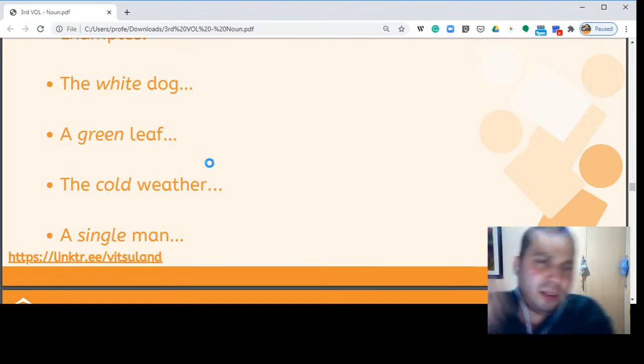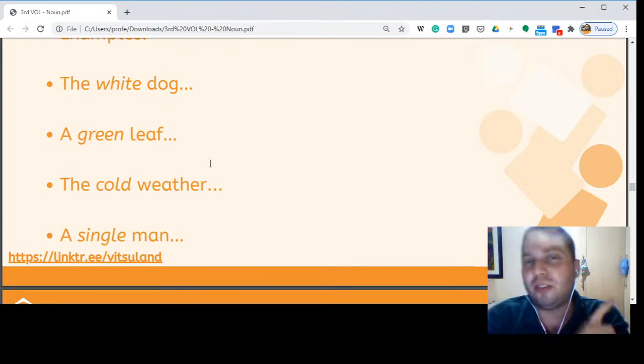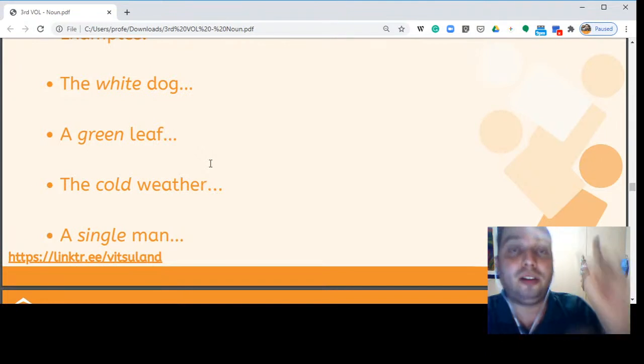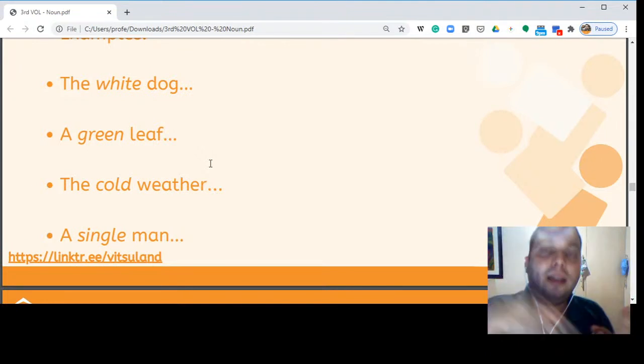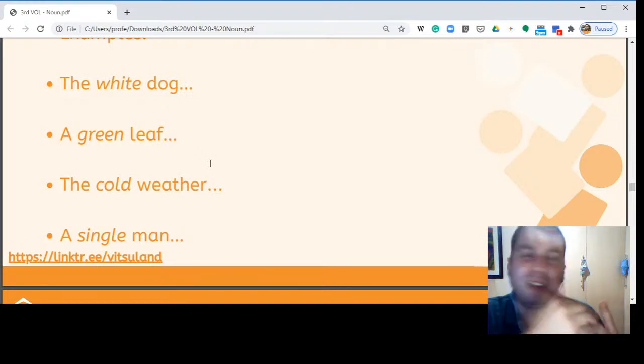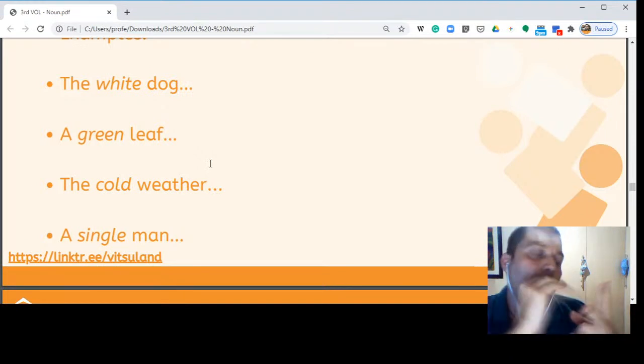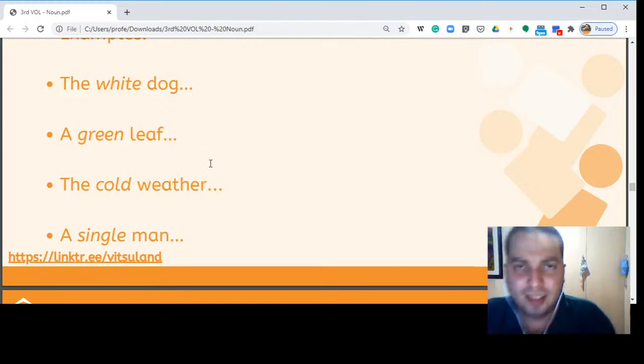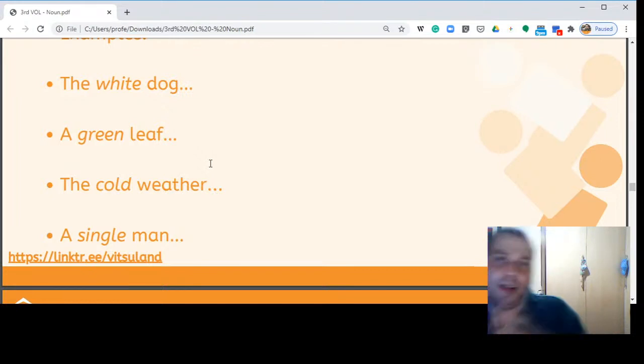Just notice that in this case we have white, green, cold, single. These words are adjectives. Remember that last time we talked about adjectives. And why did I start talking about adjectives and then nouns? Why did I choose this sequence? Because when we are writing or expressing our ideas in English, we have to understand that first comes an adjective and then a noun, okay?